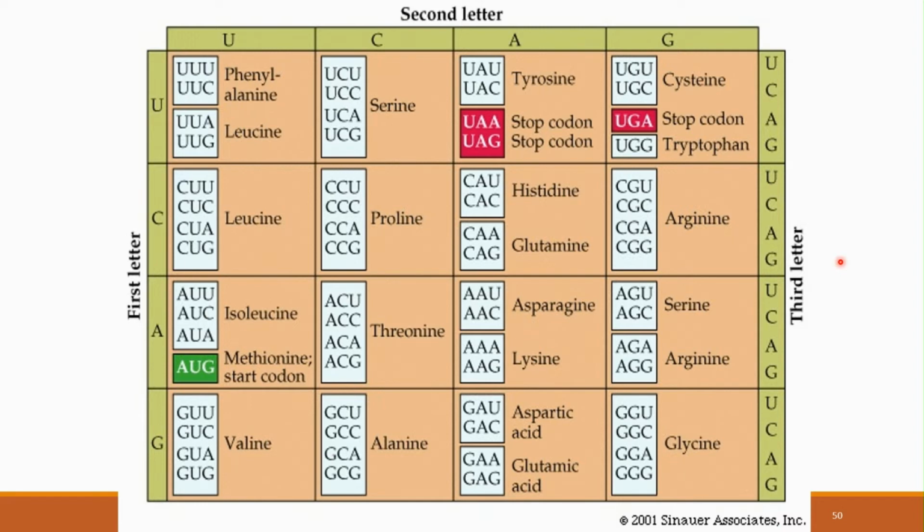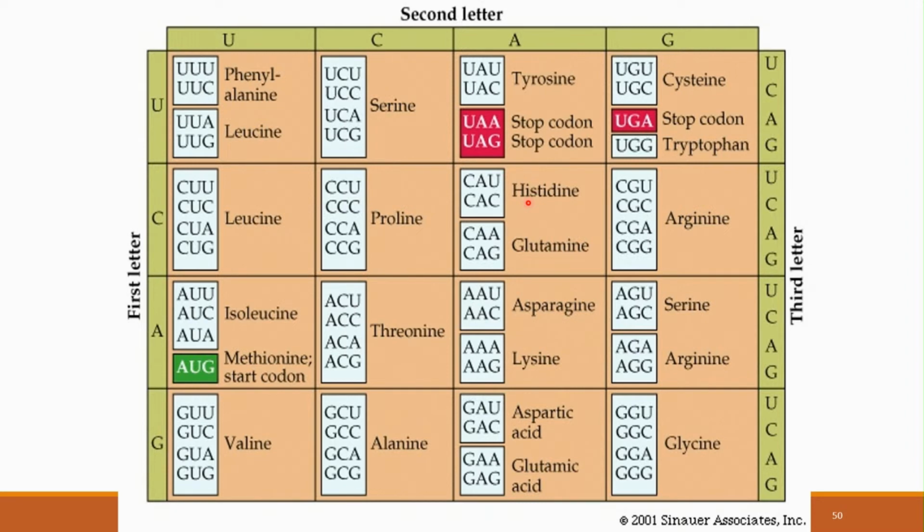So if I were to give you the codon CAU, let's solve for the amino acid. Start with the first letter and find the C in the row. Next, along the top, find the second letter, or the A column. Here's the A column. Now find where the C row and the A column meet.